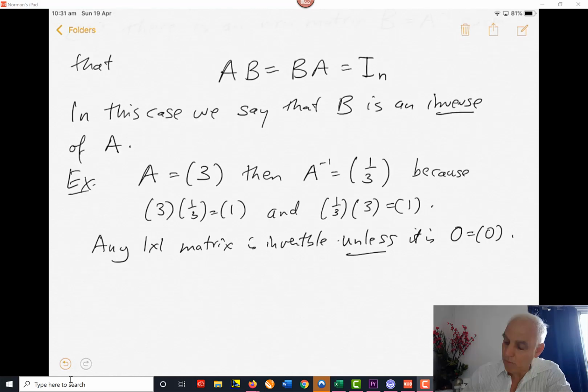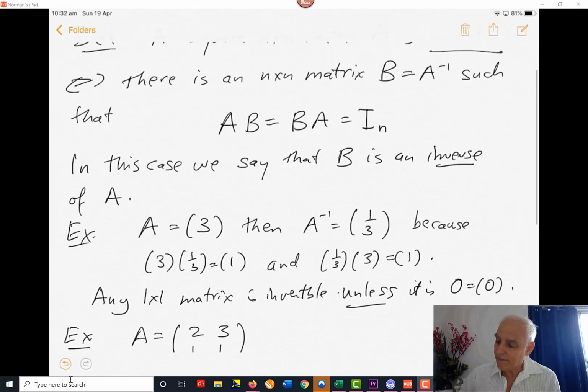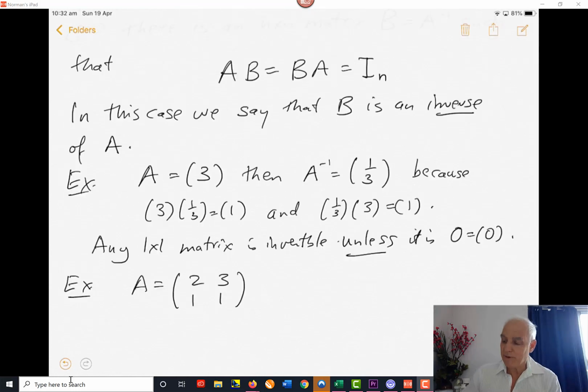How about a little bit less trivial example? Suppose that we have the matrix A, which is a 2 by 2 matrix: 2, 3, 1, 1. Can we find another matrix B, same size, so that A times B equals B times A equals the 2 by 2 identity matrix?